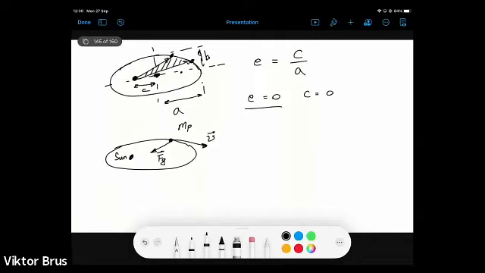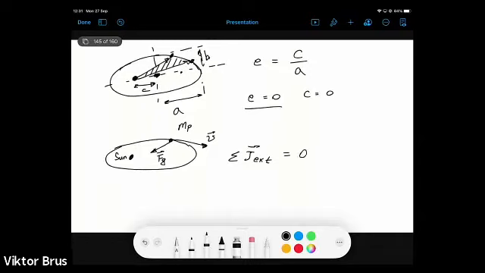In order to understand why the radius vector sweeps equal areas in equal time intervals, we consider that this system is a closed, isolated system. And for an isolated system, we know that the net external torque is equal to 0.